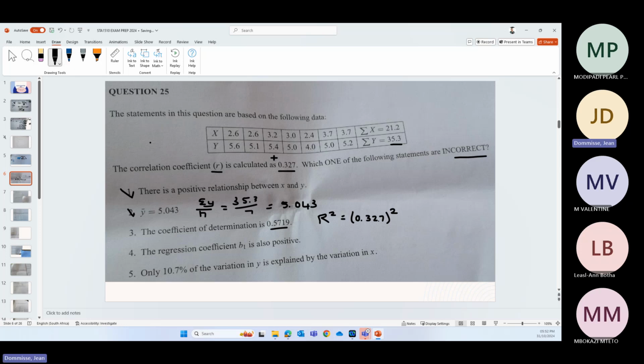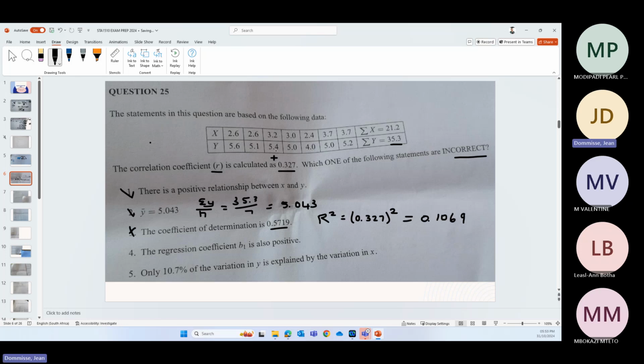Okay, so 0.327 times 0.327. That is actually 0.1069. So coefficient of determination is wrong.